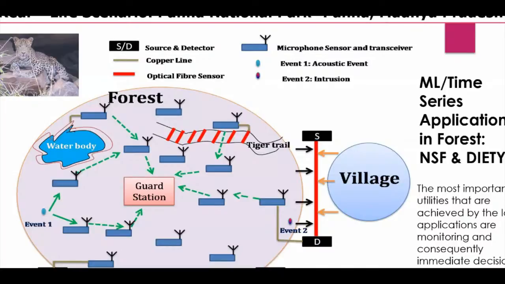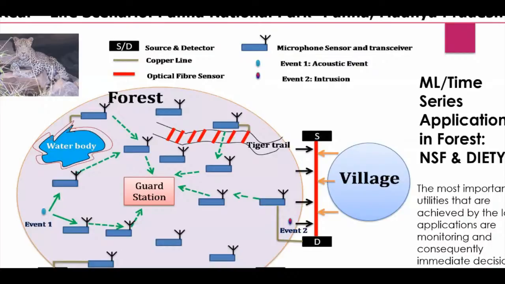And Ohio State University and NSF USA also funded this particular project. It was a huge project. Multiple MTech and PhD thesis students worked on this. What we did was deploy electronic moats all around this particular forest. These electronic moats were separated at a distance of around 200 meters, because at that distance we get very good connectivity.